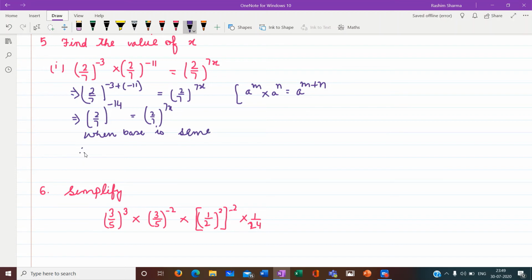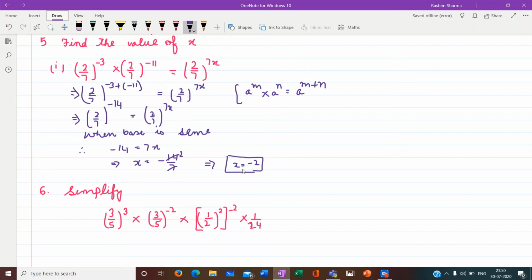So therefore minus 14 is equal to 7x. Now we can find x from here. This implies that x is equal to minus 14 on 7. So 7 2s are 14. This means x is equal to minus 2 is our answer.